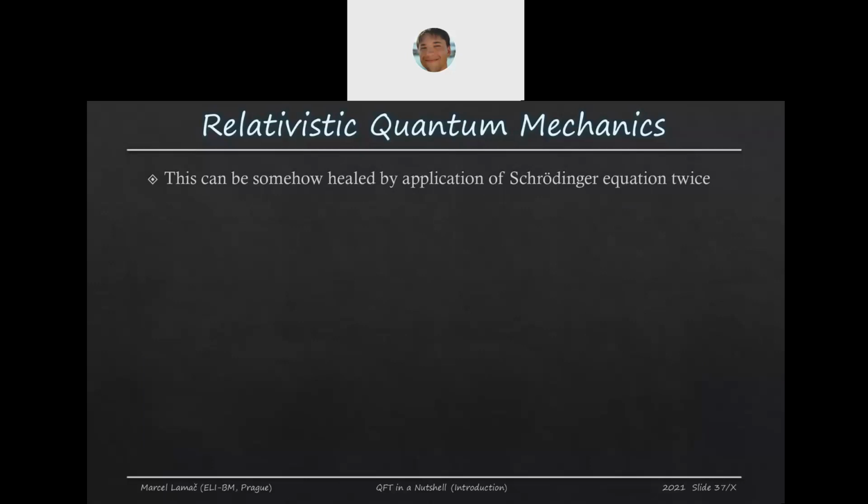This can be healed if we apply the Schrodinger equation twice. We have the Schrodinger equation, right? The time derivative of some wave function is equal to H, and H was equal to the relativistic energy-momentum relation. If we apply it twice, we now get the square of this square root.